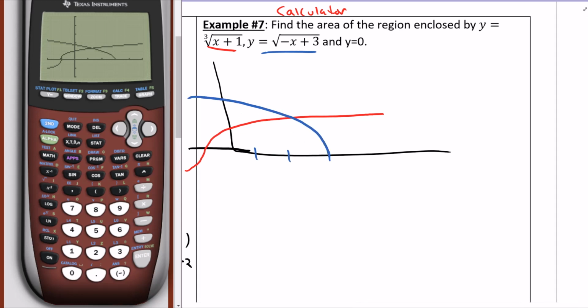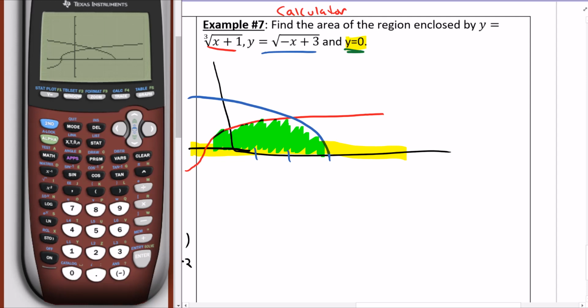And then y equals 0. If you don't know what y equals 0 is, I'll do that in yellow. That's just the x-axis, right? So it's just down there. And we want this green region, right? This is the area we're trying to find.